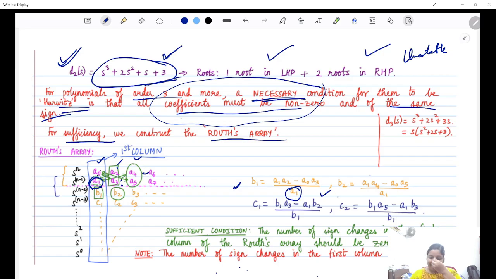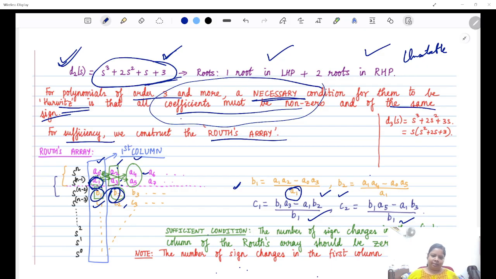For finding b2, you take the first row and the row for which you are trying to do the multiplication, and you get b2 here. So you have b1 here, b2 here. Similarly, you proceed forward: divide by b1 you get c1, divide by b1 you get c2.